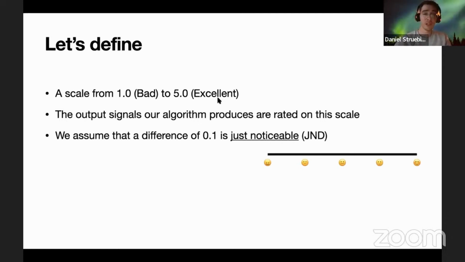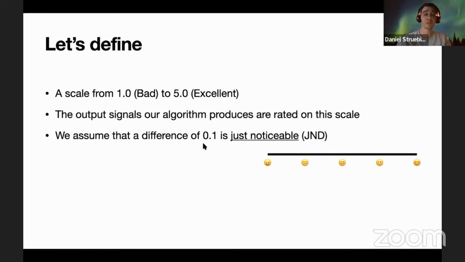And then the output signals of our algorithm are rated on this scale from 1 to 5. And just to make things a bit easier for us, we can safely assume that a difference of 0.1 on that scale is just noticeable.